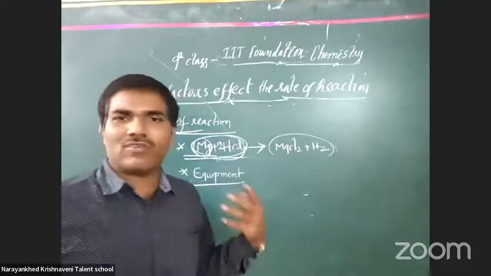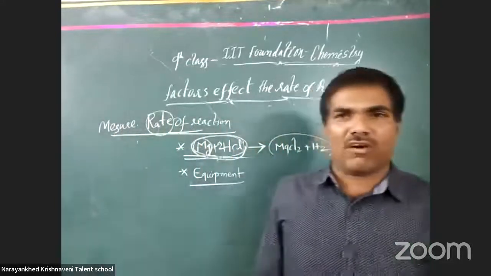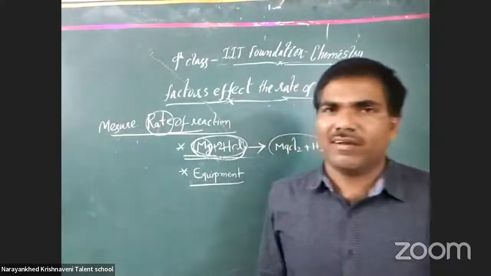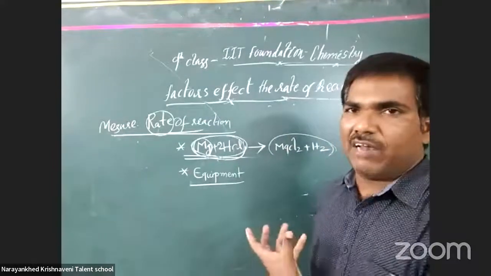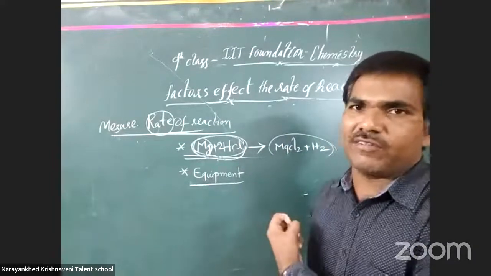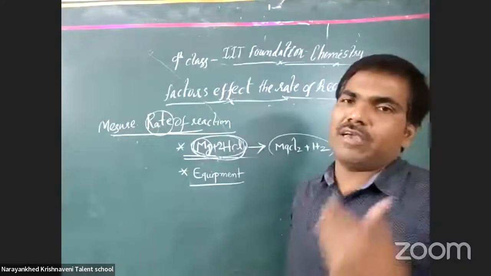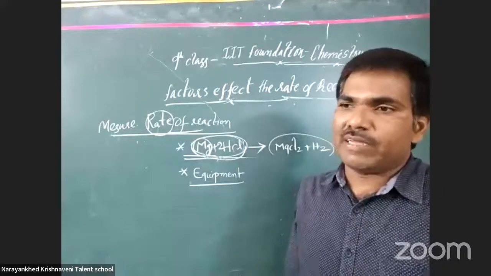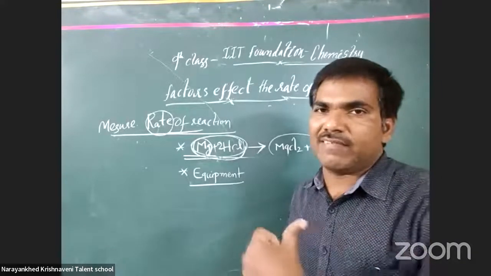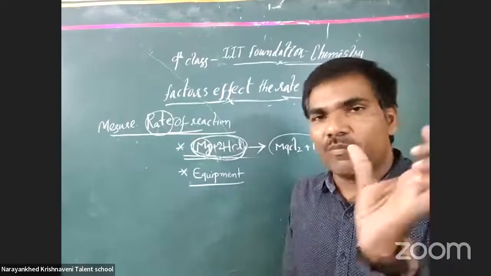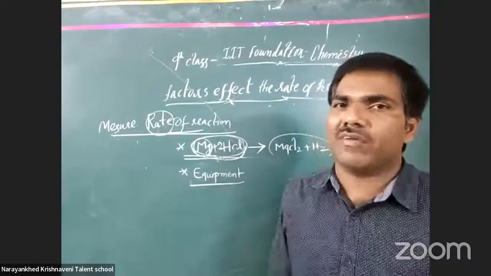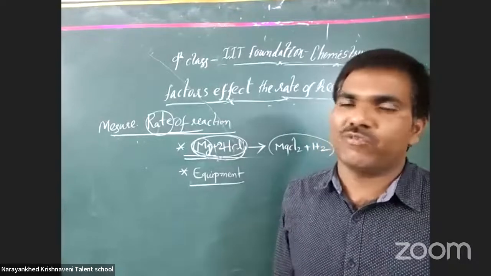If we do the same reaction in an open place, we are not catching the hydrogen gas available in the air, that gas may not be caught by us. That is why we have to take a gas tube, connected to a gas cylinder. In that gas cylinder, the volume of hydrogen gas that enters will be given to us.